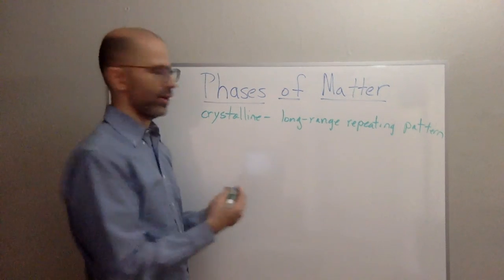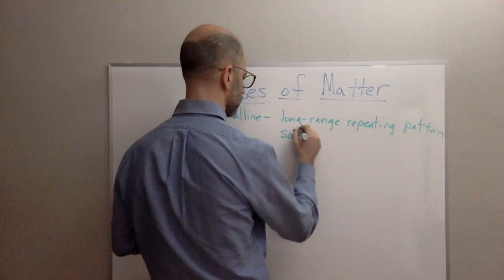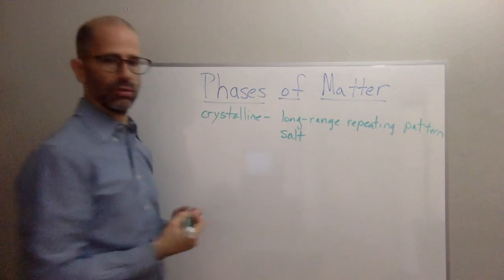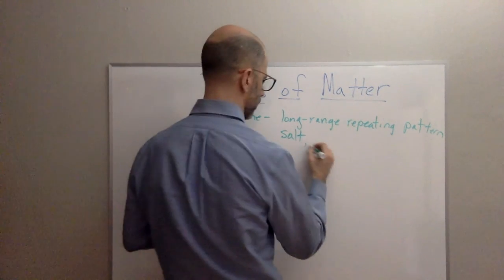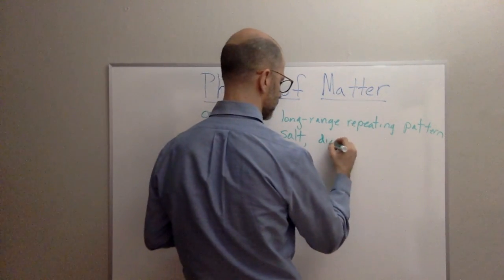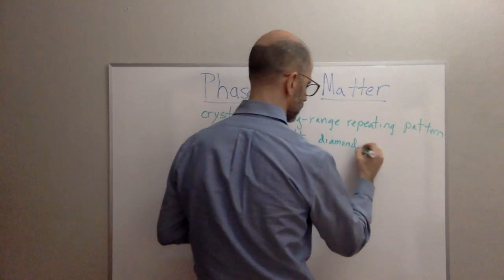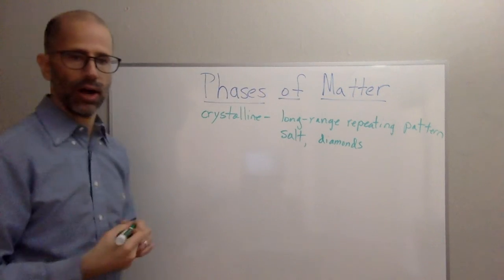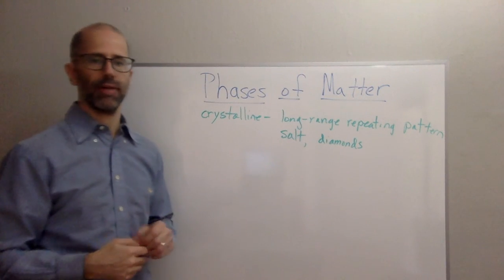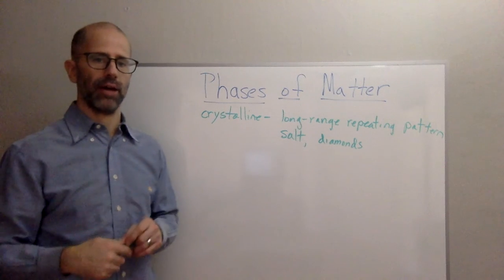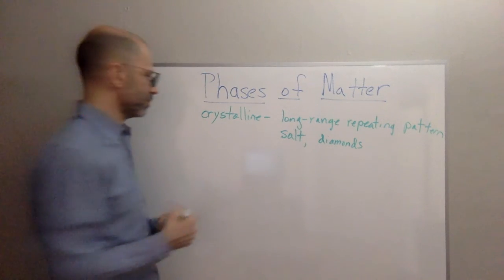This would be things like salt, so salt crystals, as well as diamonds. Both of those are crystalline solids because they have a long-range repeating pattern, and they're highly ordered.